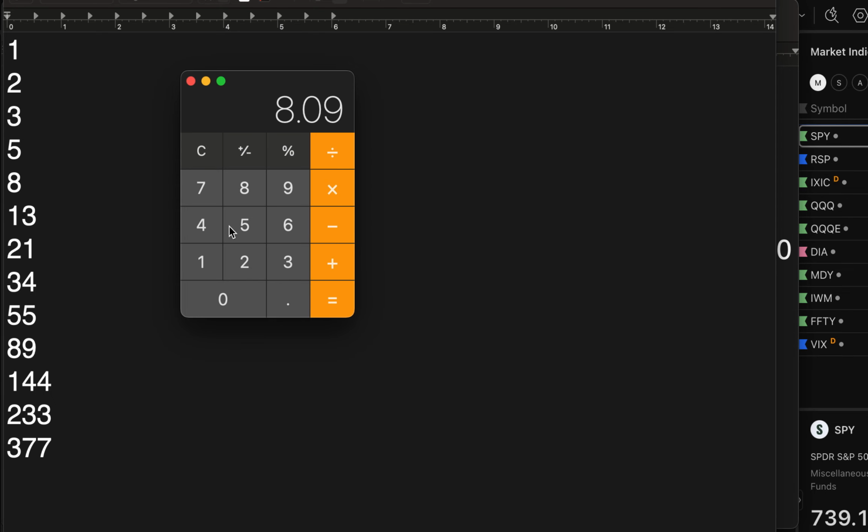And then 8 times 1.618, you get about 13, and so on. So the ratio from one Fibonacci number to the next is about 1.618. And so that's why I like to use those.